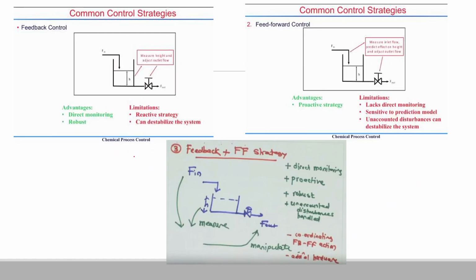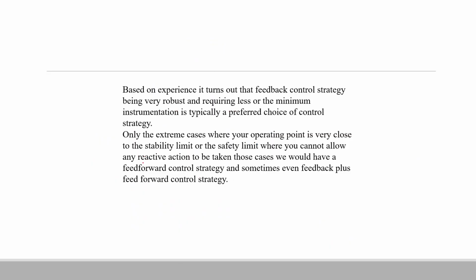So this was all the content from week 1. Then there is this special note that based on experience, it turns out that the feedback control strategy is very robust and requires minimum instrumentation, and is a typically preferred choice for control strategy. So in most systems, we use this feedback control strategy.